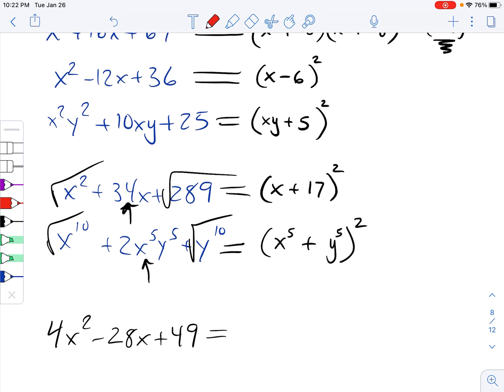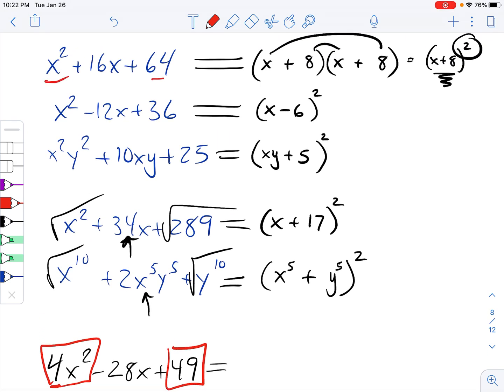This next one doesn't look quite as familiar because I have a coefficient up here, but you know what? This is still a perfect square, just like all of the ones that have come before. I'm noticing a pattern: when I take the square root of this and the square root of this, those are my numbers that I get as my first and second term of the binomial.